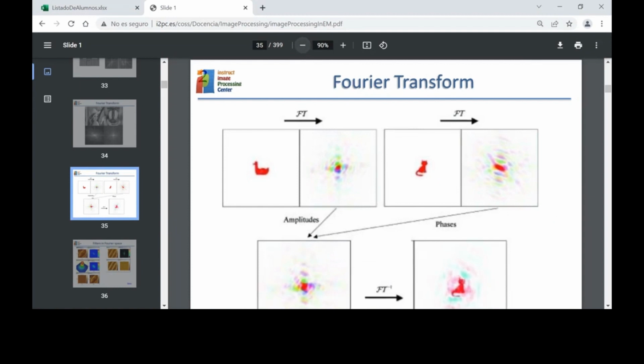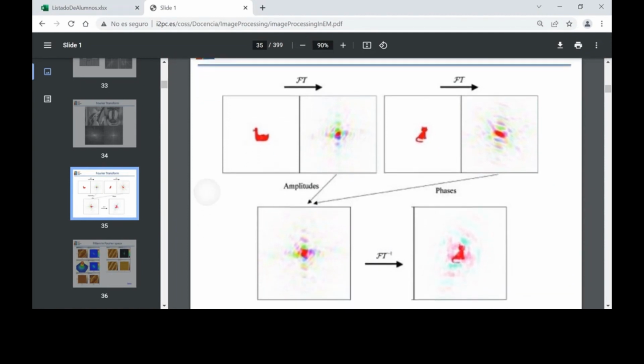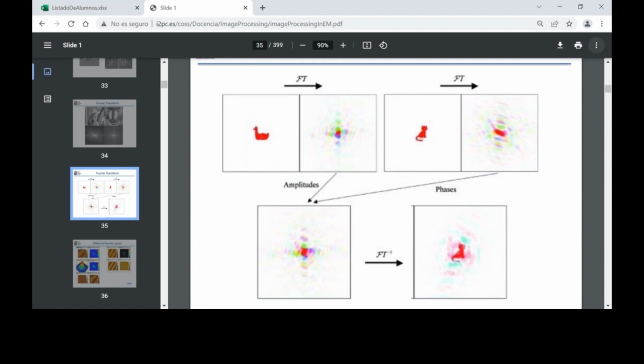Okay, so that's presented here. Let's say that we have two images. We have the image of a duck and the image of a cat. And then I take the Fourier transform. So those are the two Fourier transforms. Somehow there, we are representing the complex numbers.